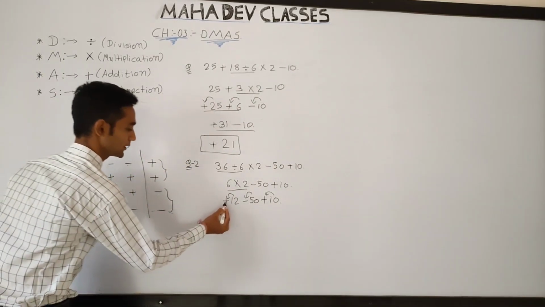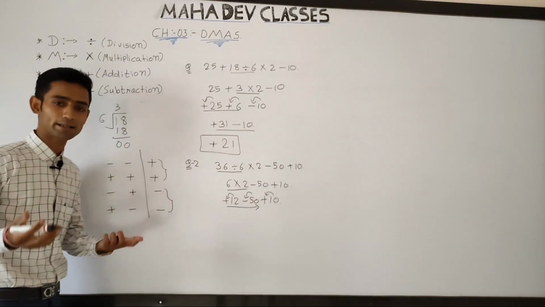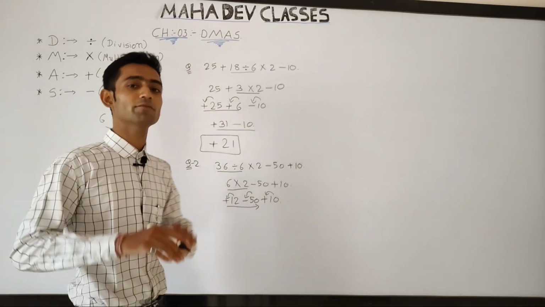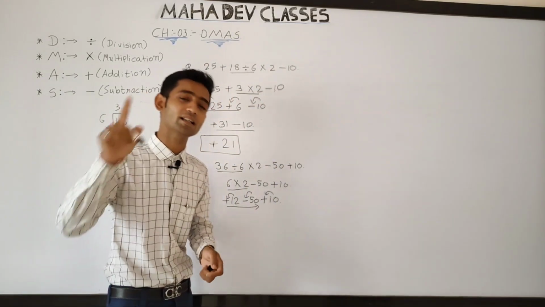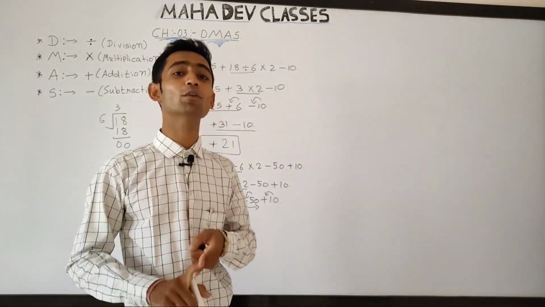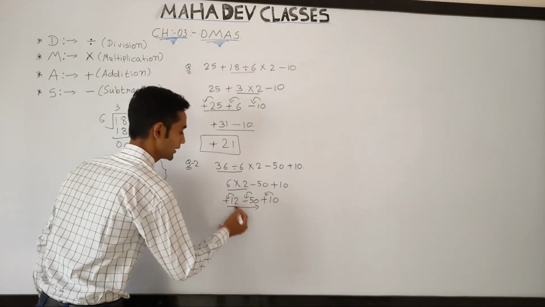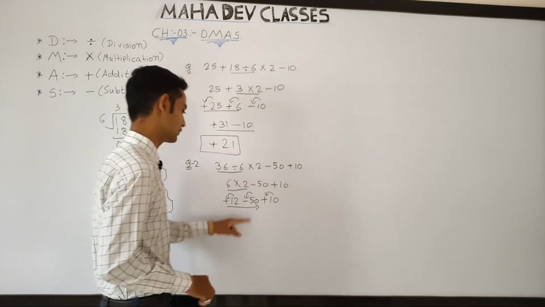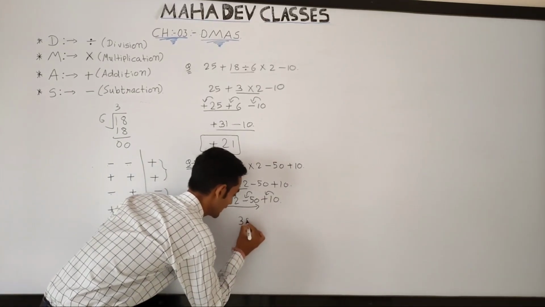So now see, plus minus minus, I mean there are different symbols, and for different symbols we have to do the process of subtraction, and in the resulting answer we have to put the sign of the bigger one. Okay, so now simply there is a different symbol, we have to do subtraction. 50 minus 12, it means 38.